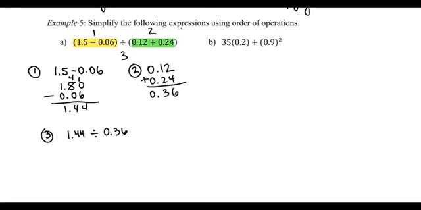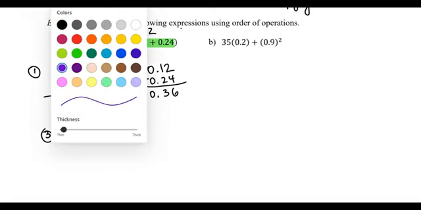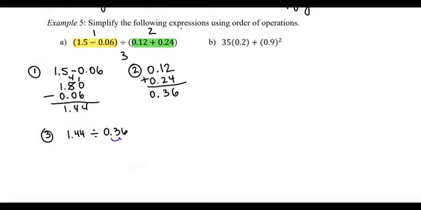So I'm going to take the decimal point and move it twice to the right. That means I have to move it twice to the right here. So now my two new numbers are 144 divided by 36.